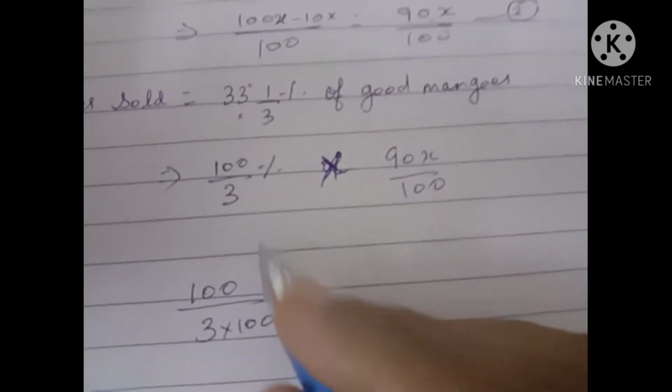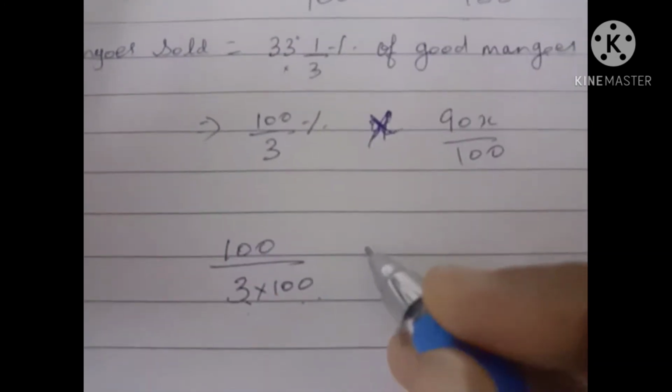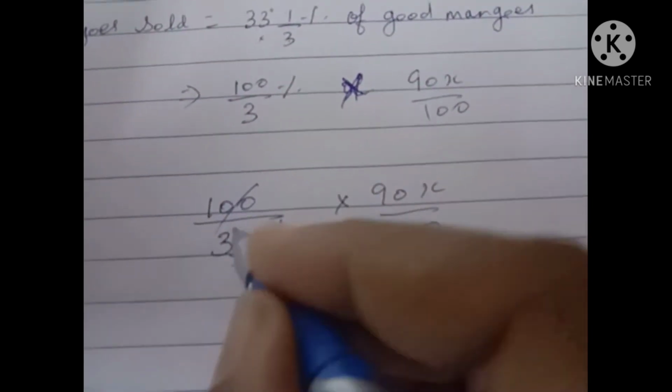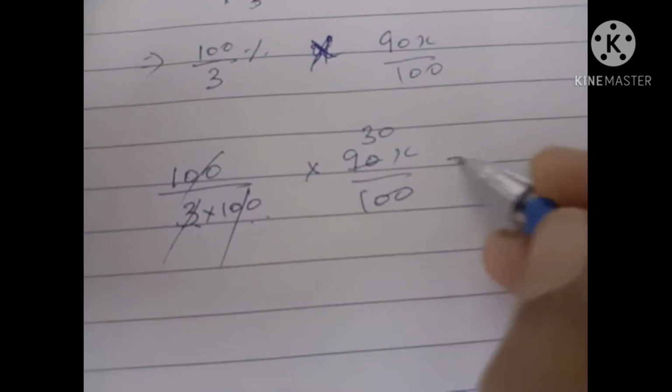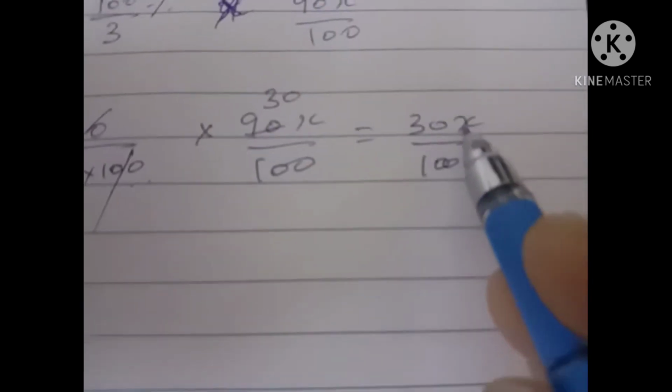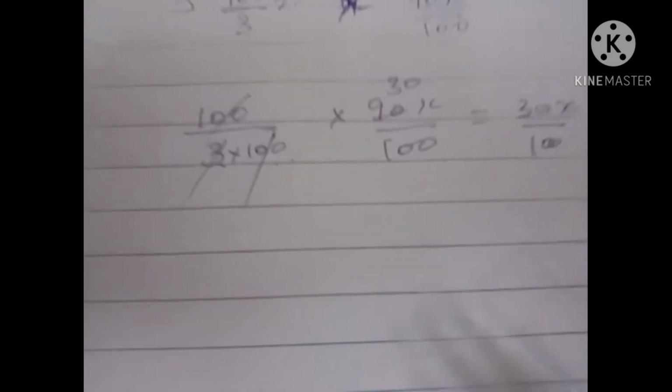The percentage symbol means divided by 100. Already 3 is there, so 3 into 100 into 90X by 100. The 100 cancels, and in the 3 table, 30. 30X by 100. So the number of mangoes sold is equal to 30X by 100.